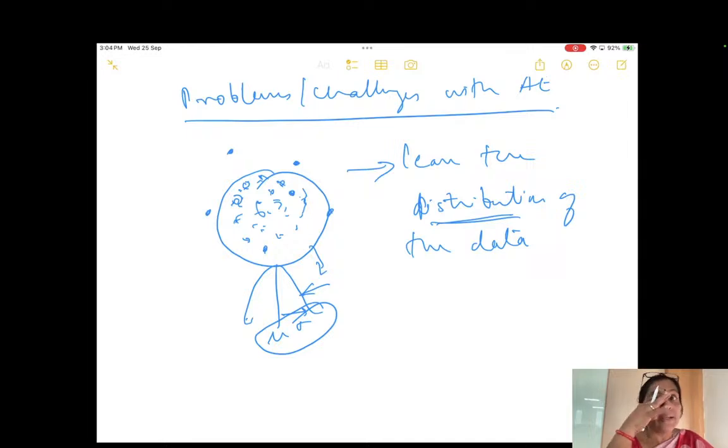What are you doing here? In AE, I have an X, I have a latent space Z, and I get back X dash.